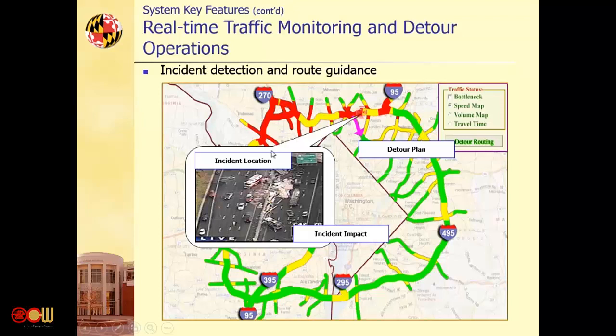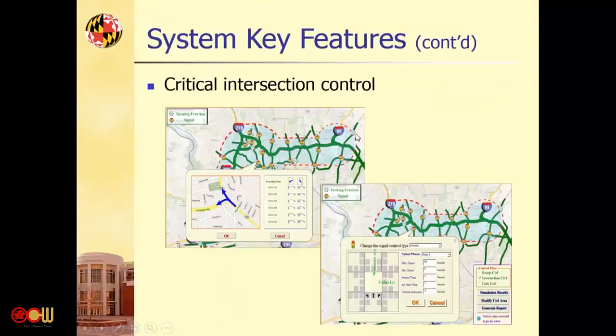But this function is just for monitoring traffic condition and detour operation if traffic is coming from the Washington D.C. area for any reason. So you can select whether you want to see bottlenecks, the speed map, the volume map, travel time information, or detour routing plans. Okay, so it's an integrated, comprehensive operation for the entire beltway, and this also allows you to identify critical intersections.